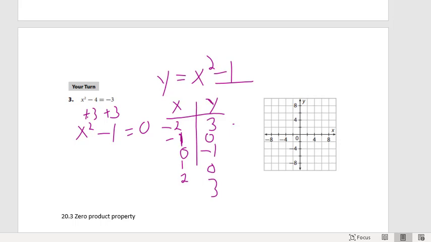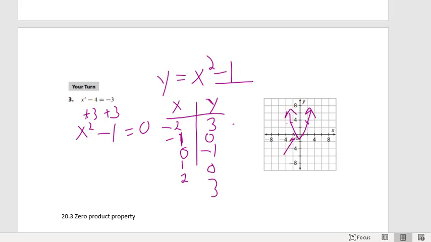We have (0, negative 1), (1, 0), (negative 1, 0), (2, 3), and (negative 2, 3). So it should look something like that when we graph it.